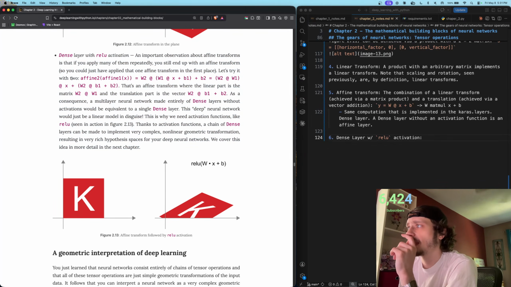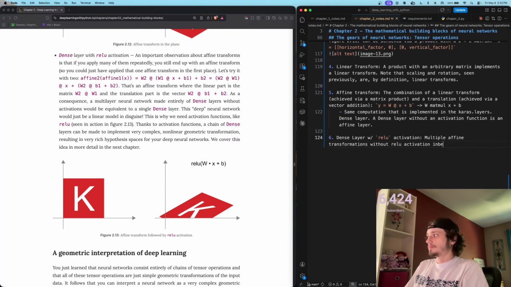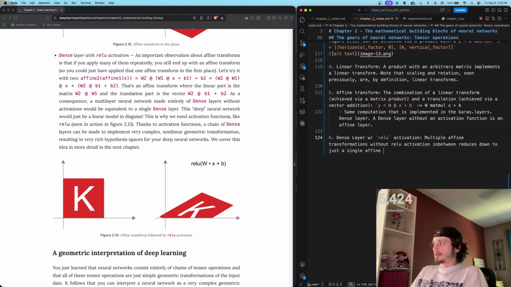Okay, so we talked about a dense layer, right? Multiple affine transformations without ReLU activation in between reduces down to just a single affine transformation, right?